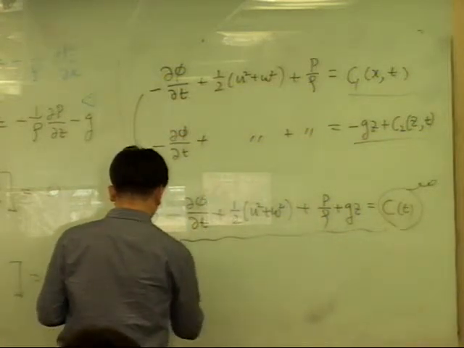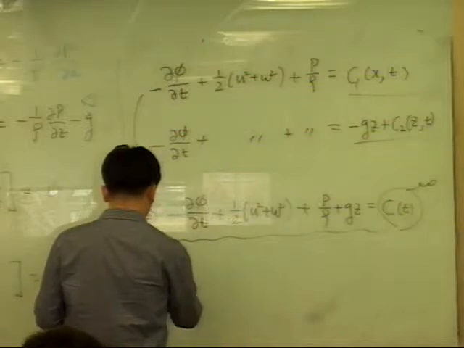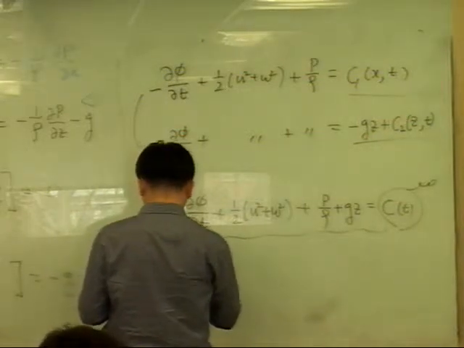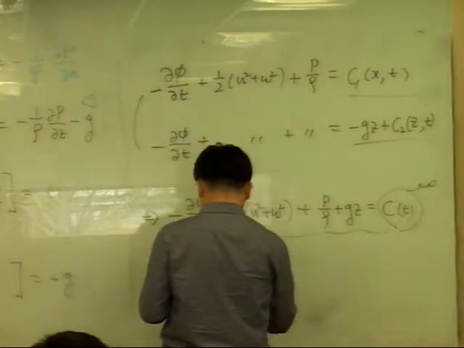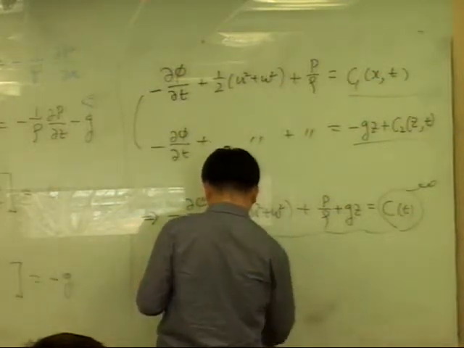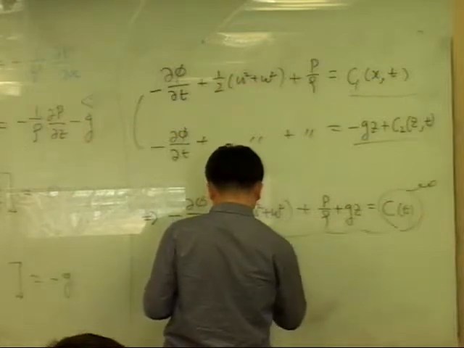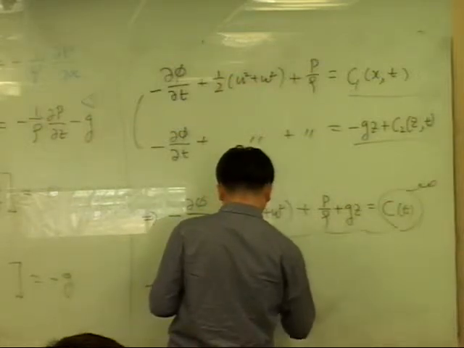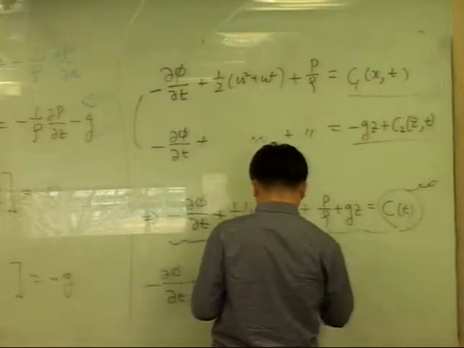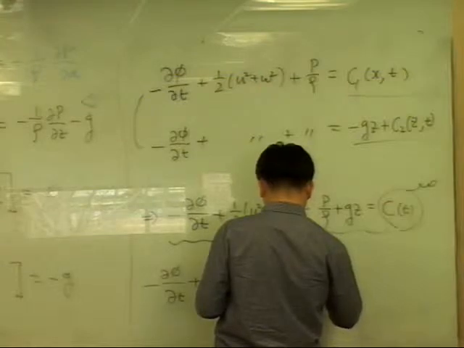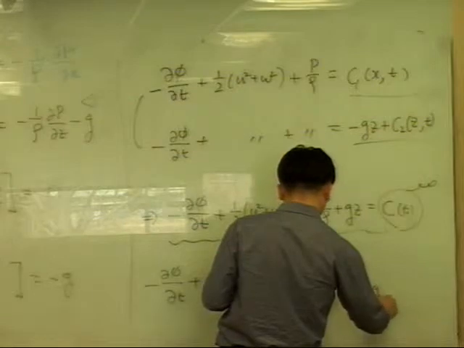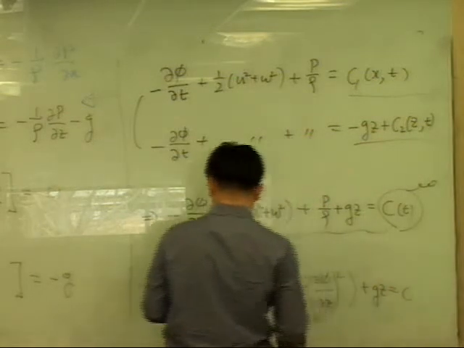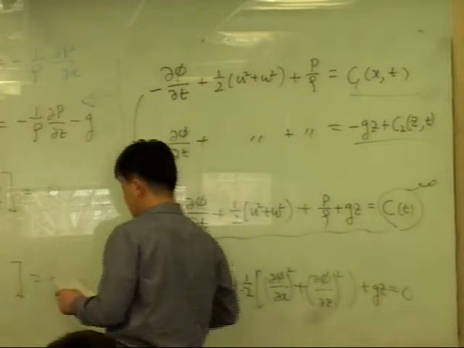And in pure potential term, p over rho plus 1 over 2 u square plus w square plus g z equals 0. This is named the Bernoulli equation.